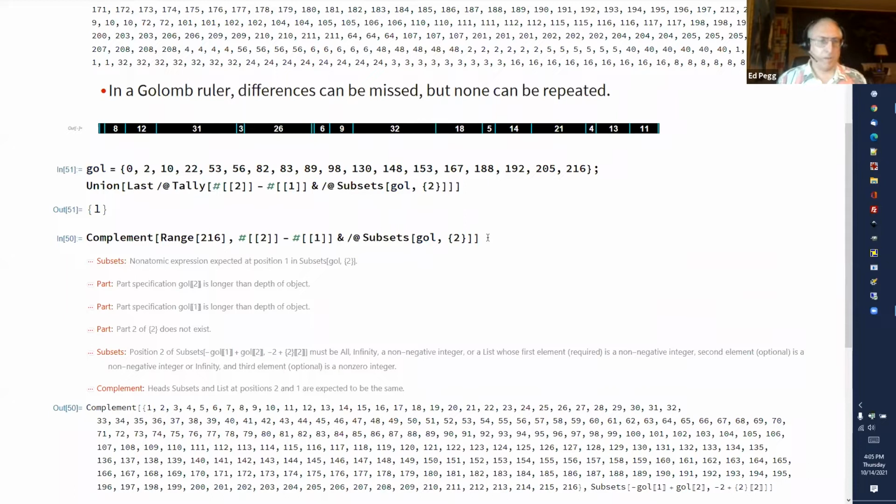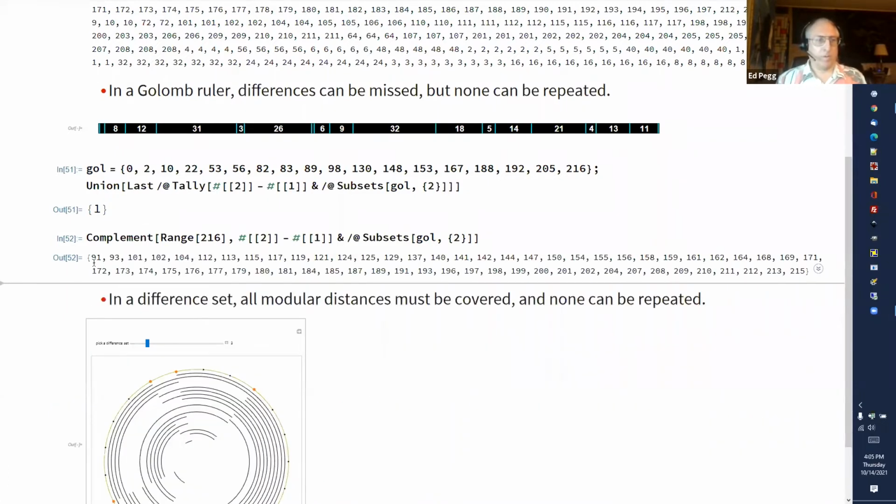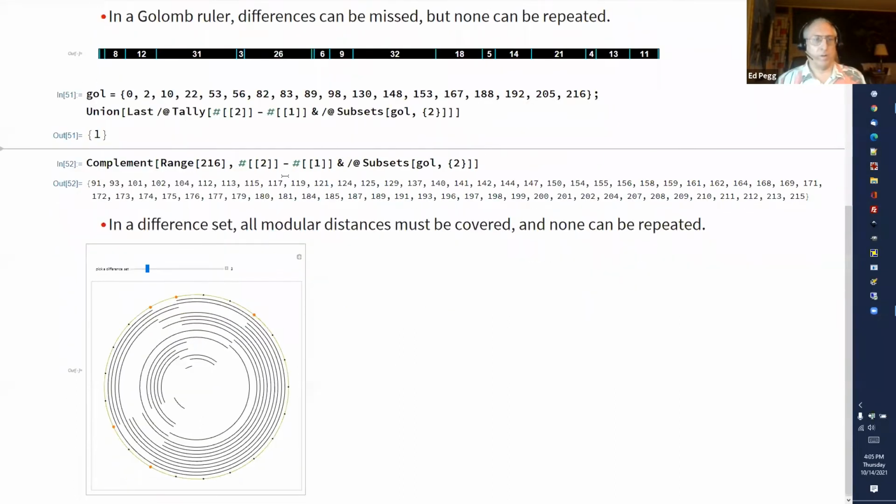The maximum count of any difference is 1, but there's a whole bunch of different values that are missed. Like 91 is not represented as a distance in this Golomb ruler.